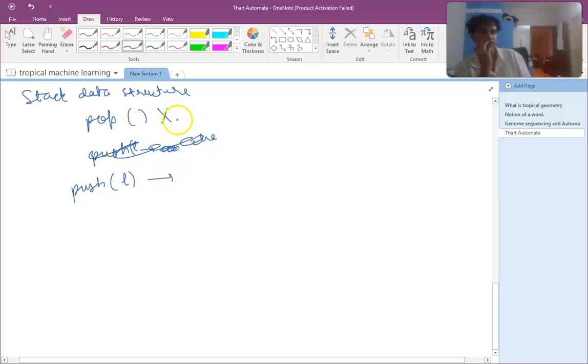So let me just cut this so it doesn't look like X is part of it. Anyways, so push L, check if L belongs to the stack.